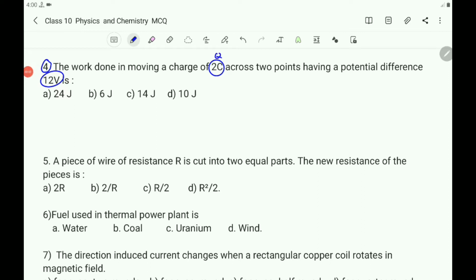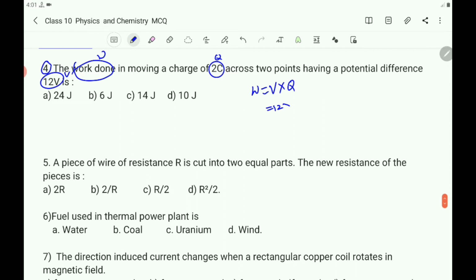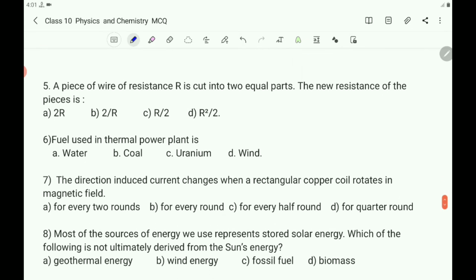So this is the charge Q and this is the potential difference V. What we have to find out is the work done W. Then you write the relation W equals V into Q. V is 12 volt into Q, Q is 2. So you will get 12 into 2, 24 joules. The answer is 24 joules.